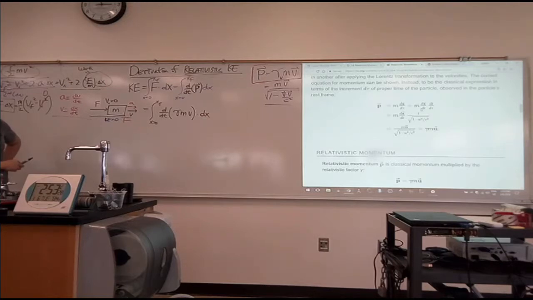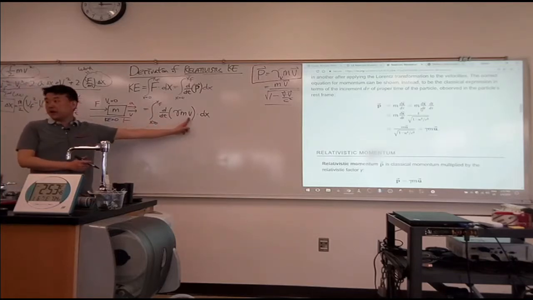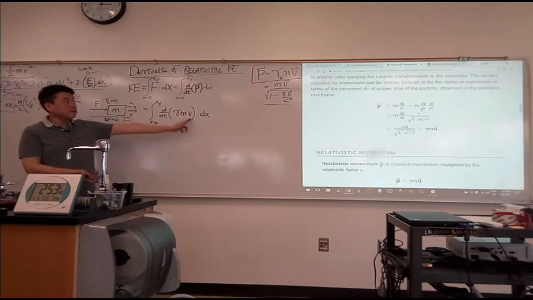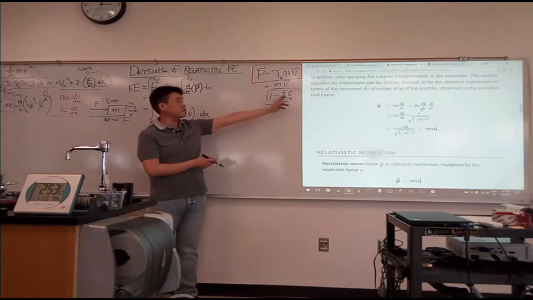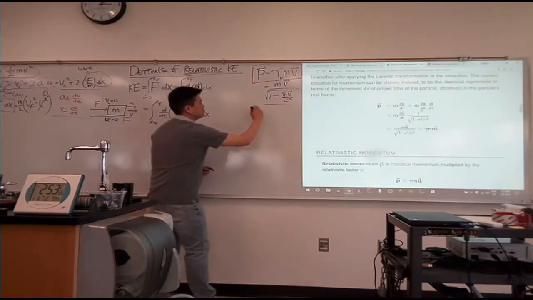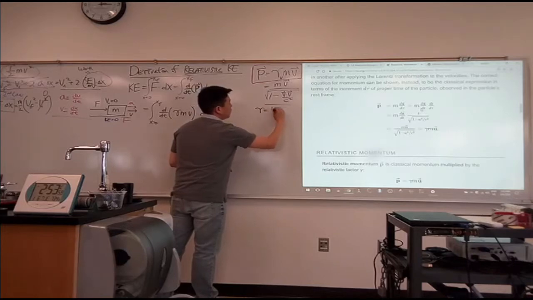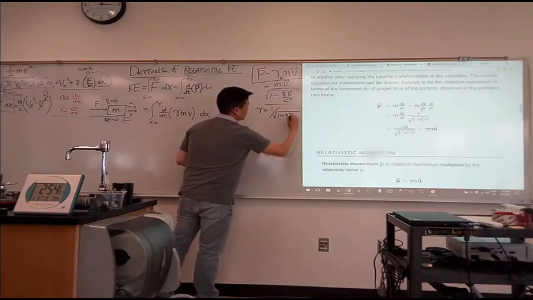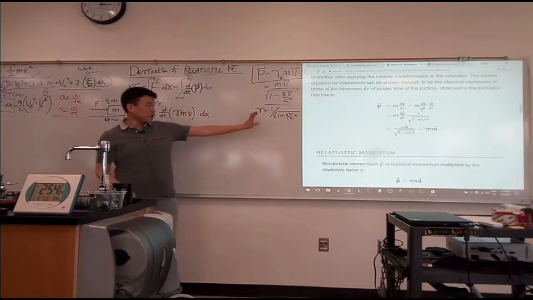I'd like to re-express some things here. Gamma and v are actually a function of one and the same thing. You saw me express gamma in terms of v, but you can do it the other way. Gamma is equal to 1 over the square root of 1 minus v squared over c squared. I can solve this for v.